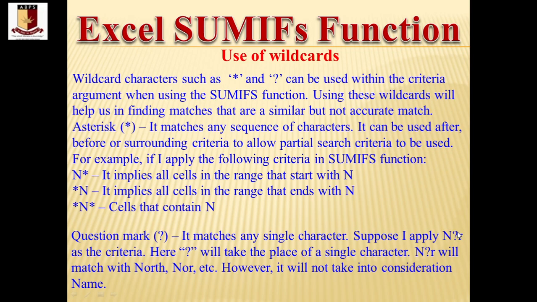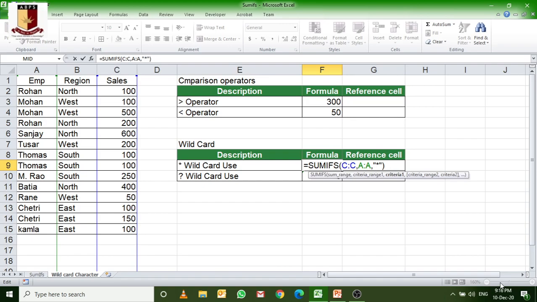So let's do some practical. Here I am searching the whole column C. I used the star wildcard, starting from C. Let me remove this, and I am typing star starting from R. Now 350 is coming.